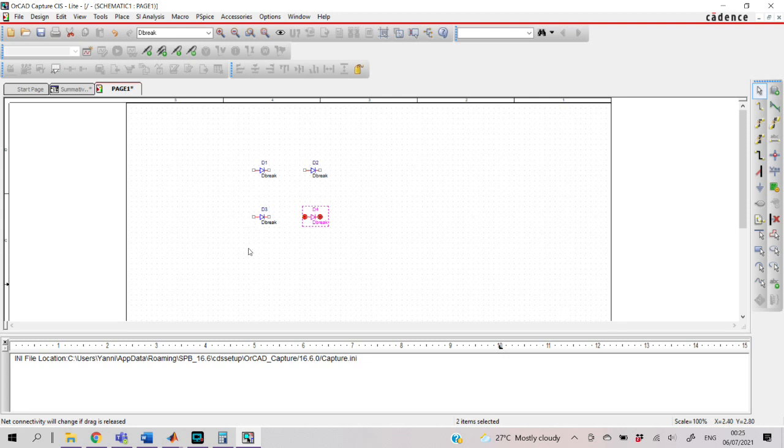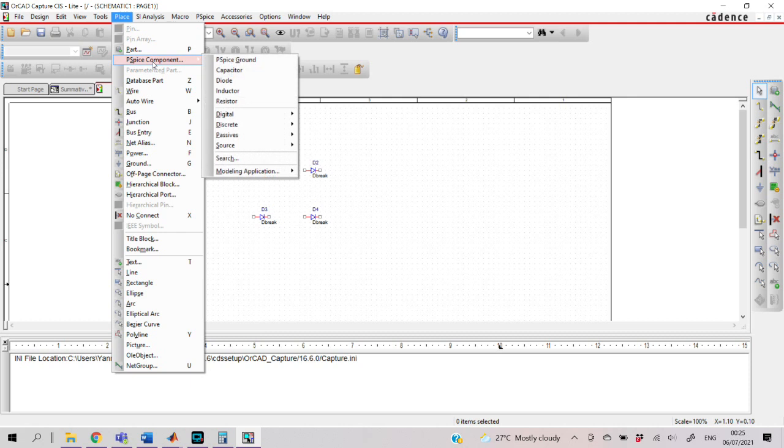Now, we should add our resistor and our inductor by going to PSpice component, then passives, and selecting R and L for resistor and inductor respectively.